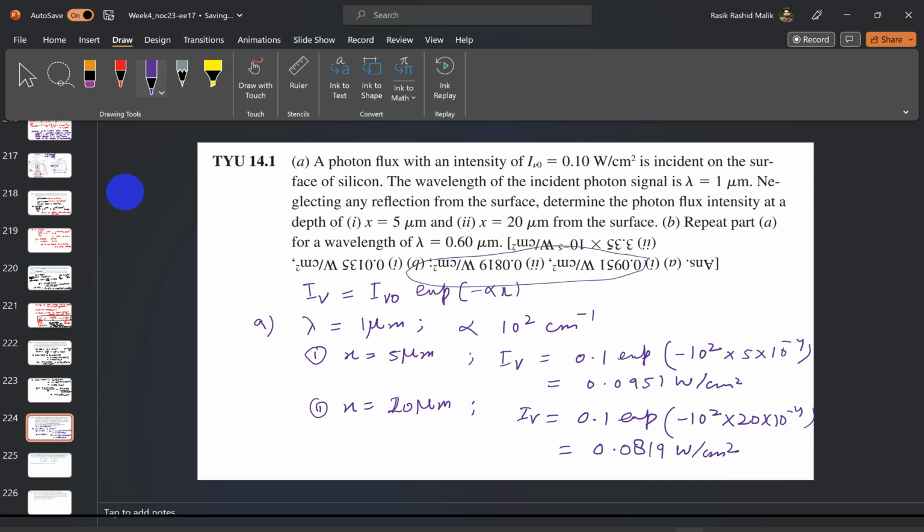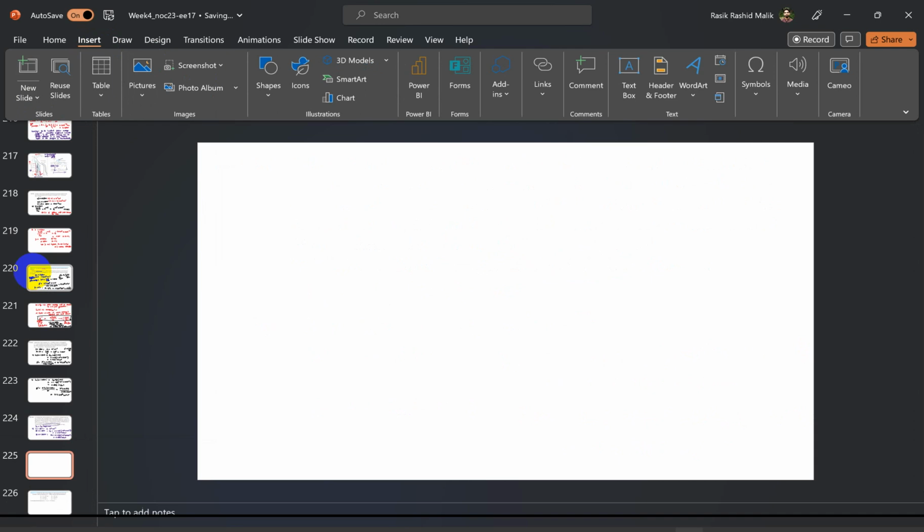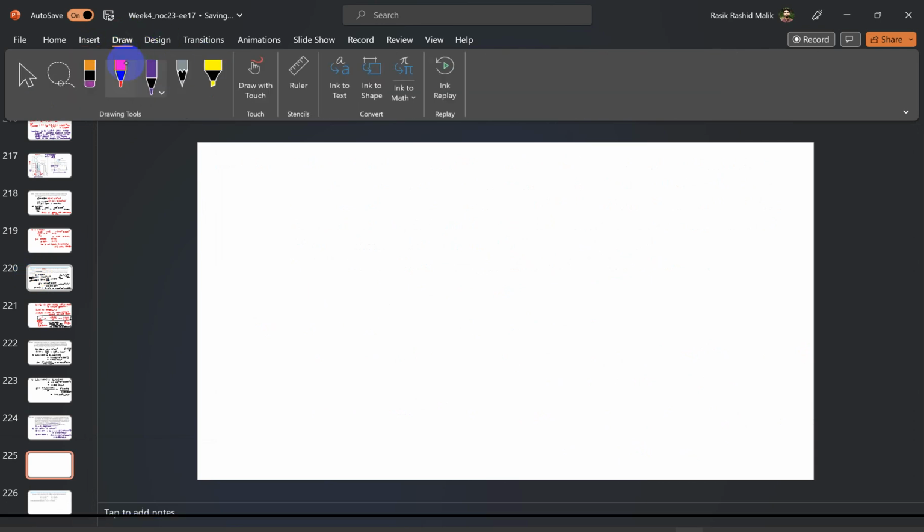And the next part is similarly, just for that wavelength we have to calculate the absorption coefficient. Let me put a new slide. So the part B of the question says that we have now lambda equal to 0.6, and for silicon in the previous question we know for this value the alpha is 4 into 10 power 3 per centimeter.